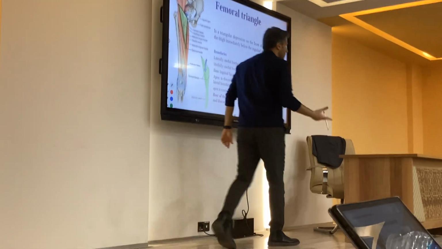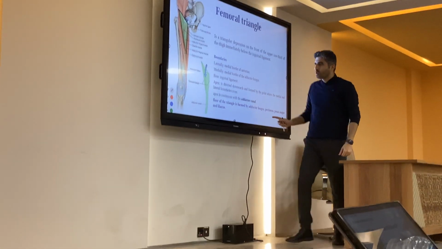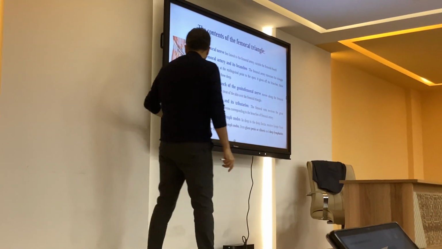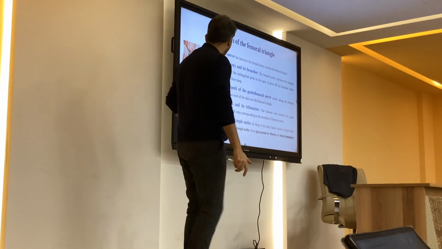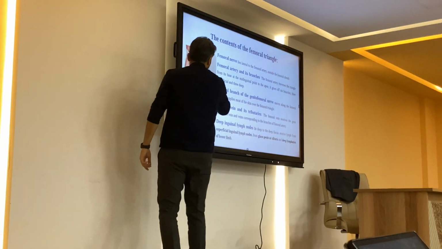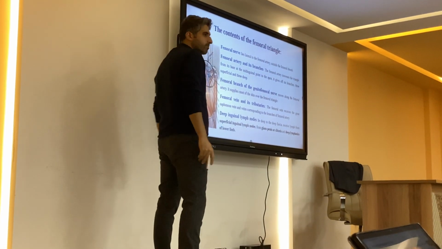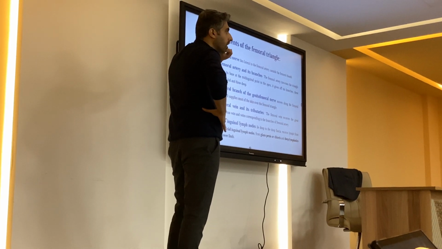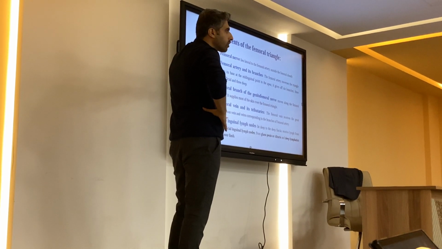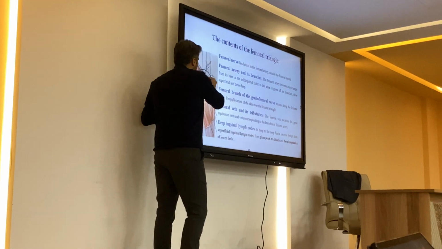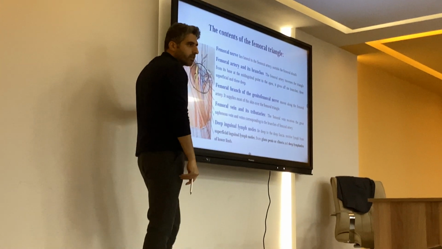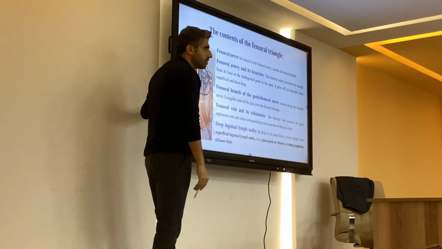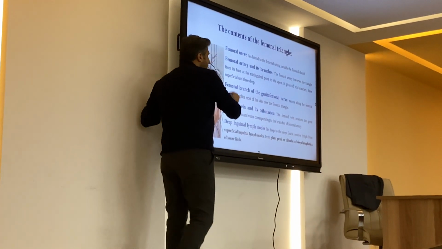What are the contents of this triangle? The most important structures on the anterior side. Look at the contents here. We have three important and big contents, from lateral to medial: femoral nerve, femoral artery, femoral vein.